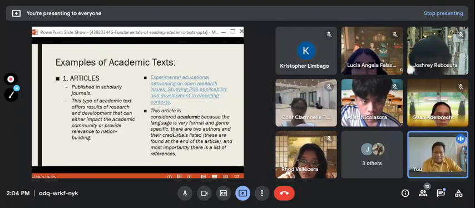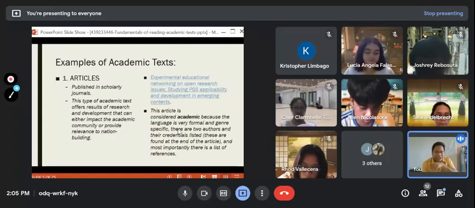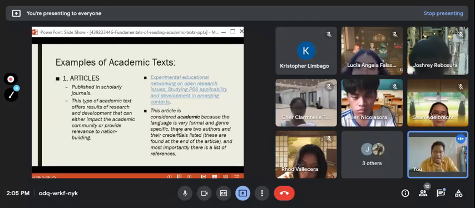It is of a particular, very formal language. The genre is even specific. Authors of this and their credentials are actually being referred to. And I tell you, when you open this link, when you open this file, it would lead to a document with a list of references.